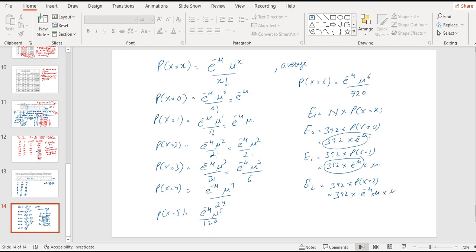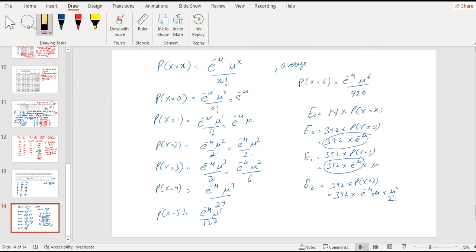So mu square by 2 means I multiply by mu and divide by 2, right? This part we have already calculated in the previous term. This is nothing but E1, and we need to multiply it with mean divided by 2. Similarly, E3 is E2 multiplied by mu divided by 3, because 2 we have already done.